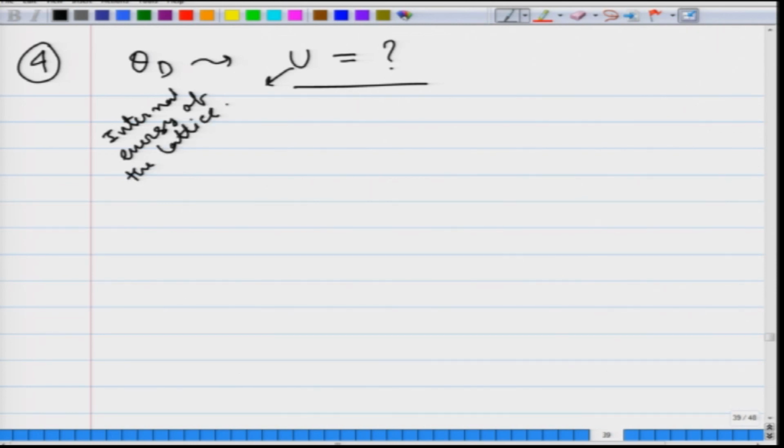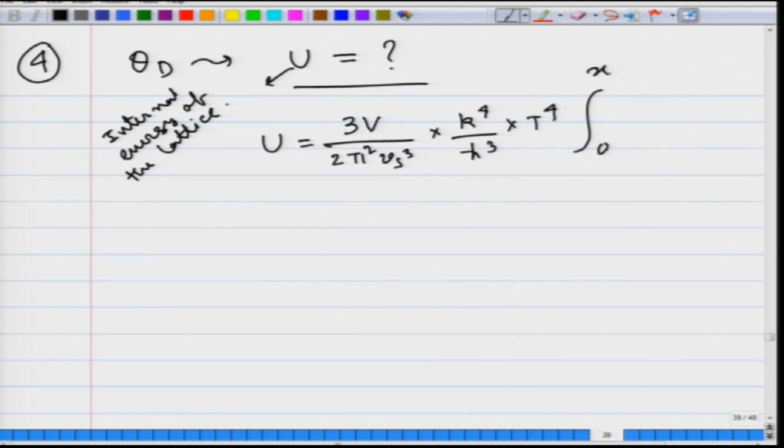So we know that from the derivation we have already got U equals to 3V by 2 pi square Vs cube into k to the power 4 by h cut whole cube into T to the power 4 into the integral from 0 to x_D of x cube dx by e to the x minus 1.